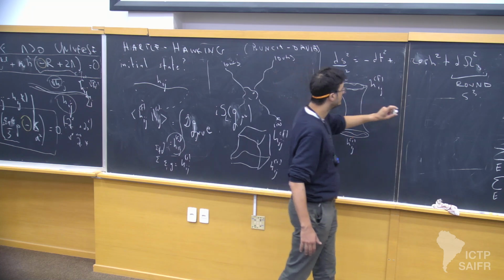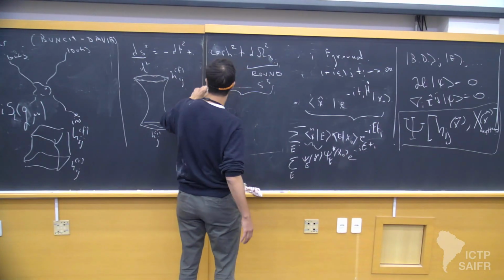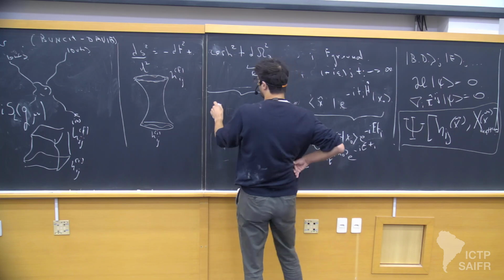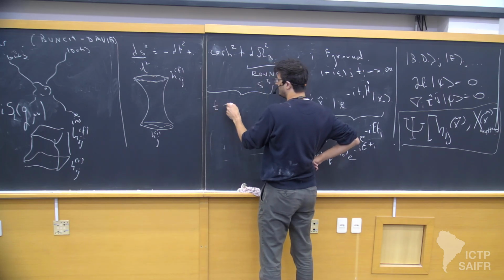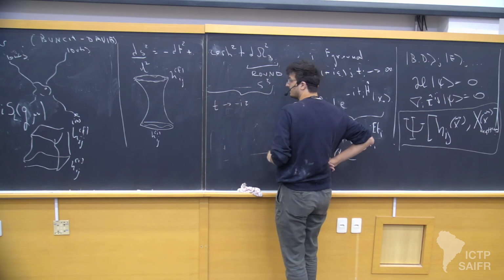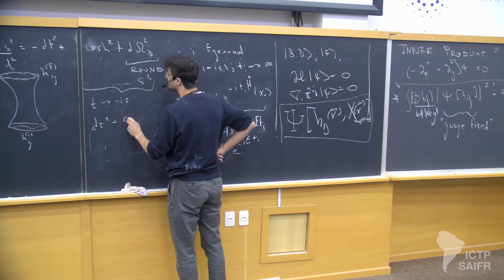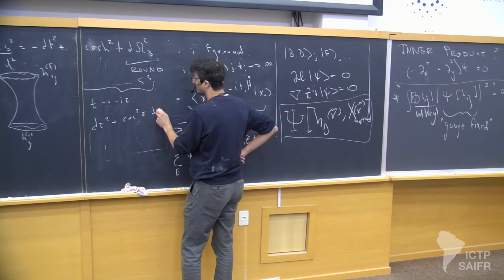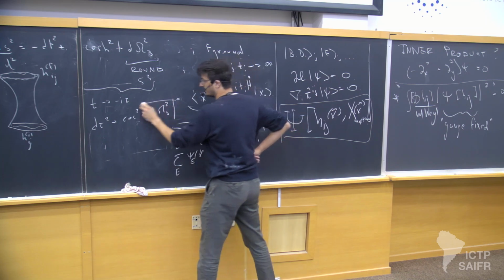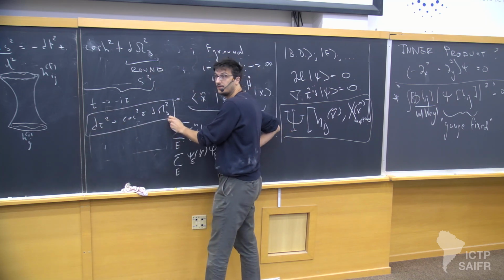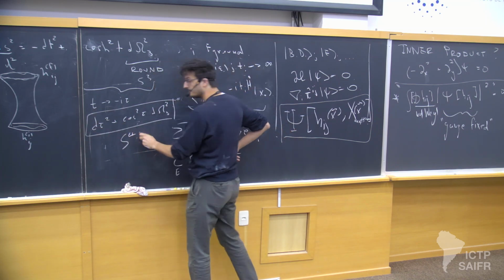But the important piece of insight in the Hartle-Hawking paper was that if I take t to Euclidean time, this metric becomes the following metric, which, as I mentioned earlier, is the round metric on the 4-sphere. Yeah?